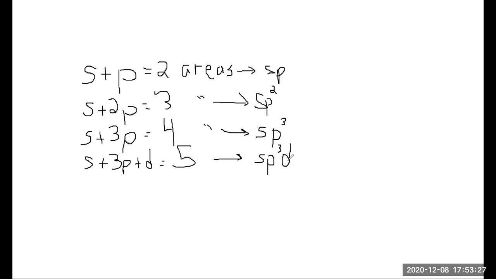And then the max, the top end, you can't go above this in terms of general chem, is your S plus your 3P plus 2 Ds. And that will give you 6 bonding areas. So sp3d2.